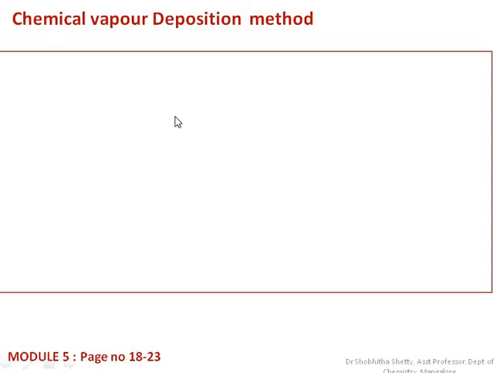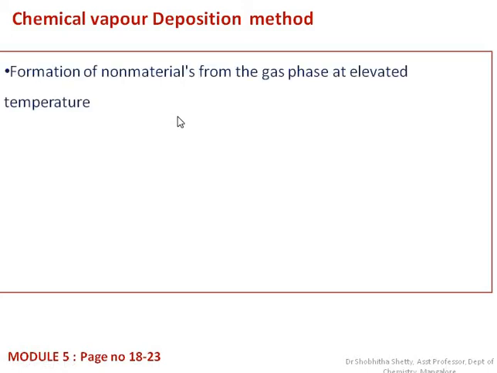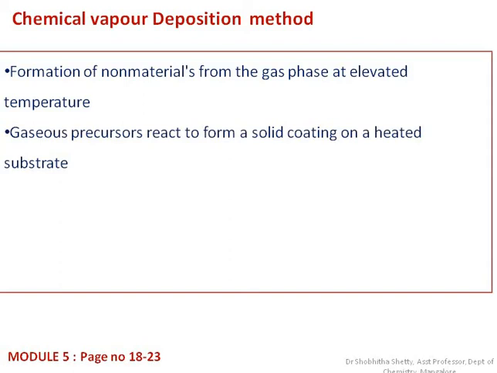This method mainly involves the formation of nanomaterials from the gas phase at elevated temperature. We are depositing materials on a substrate by sending the precursor in vapor form inside the reactor. Here the gaseous precursors react to form a solid coating on a heated substrate.